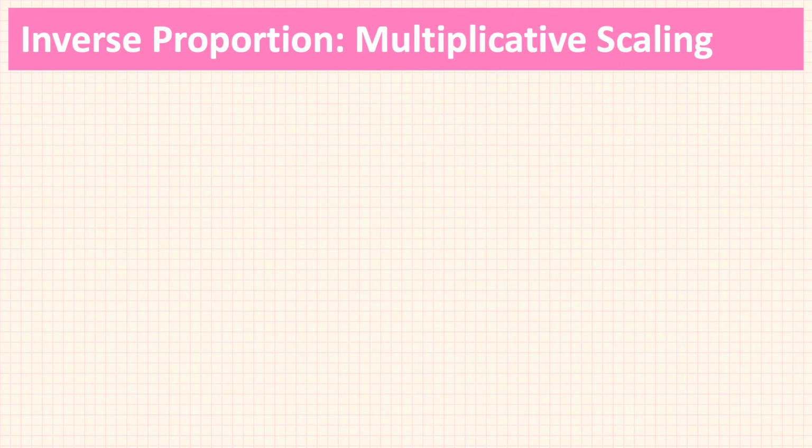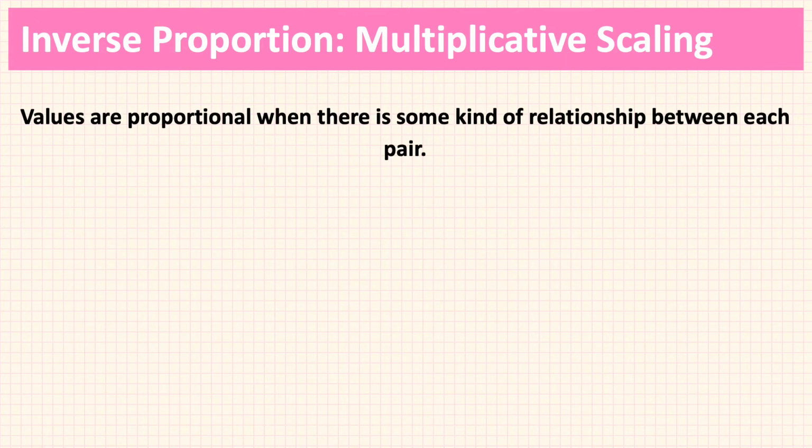Okay then, so now you will need a pen and paper because I'd like you to write down some key things, please. So in the last session, we talked about the fact that values are proportional when there is some kind of relationship between each pair of values. Now we're ready to get a bit more detailed with that and to start to think about this in a slightly more specific and mathematical way.